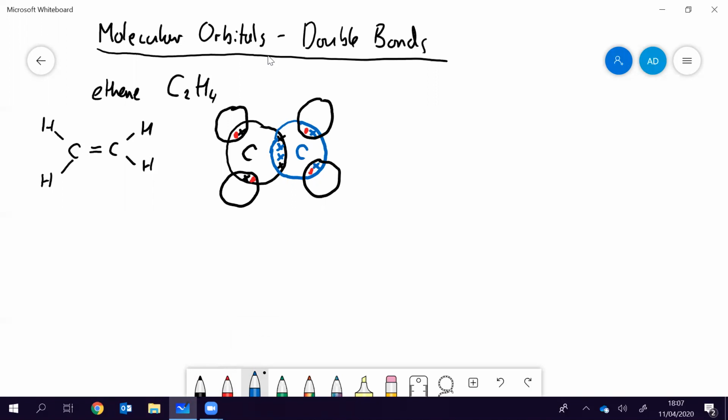Now we said before that you can't have more than 2 electrons in one orbital. So what's happening here then, because we've got 4 electrons being shared? Well, what happens is this, and I'm going to draw this like a flat bit of paper.